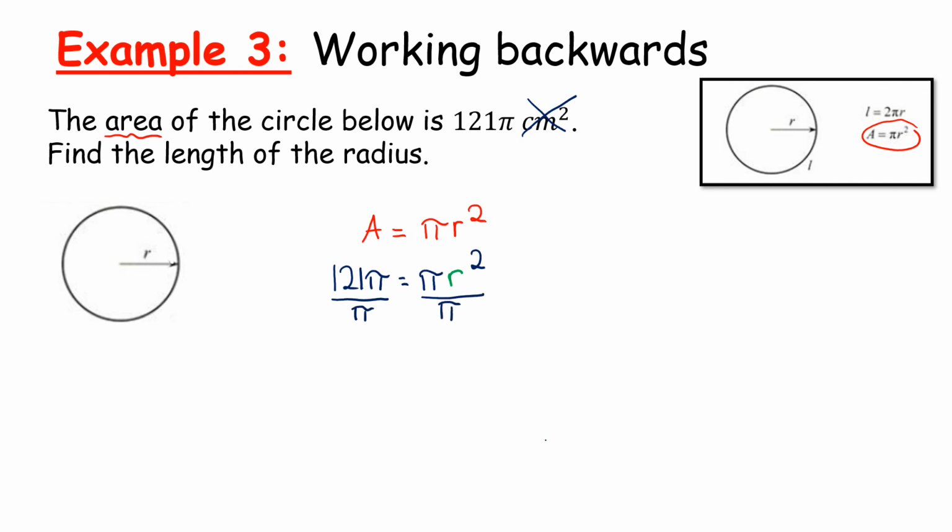That will simplify our question hugely because the pi dividing both sides means I'm left with 121 is equal to r squared. Now this is a relatively straightforward question. I like my letter on the left hand side, so I'm actually going to flip my equation. So I'm going to say that, well, if 121 is equal to r squared, then r squared must be equal to 121. Think back to how we undo a square.